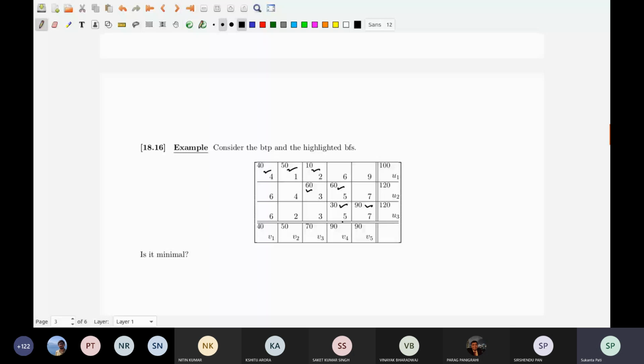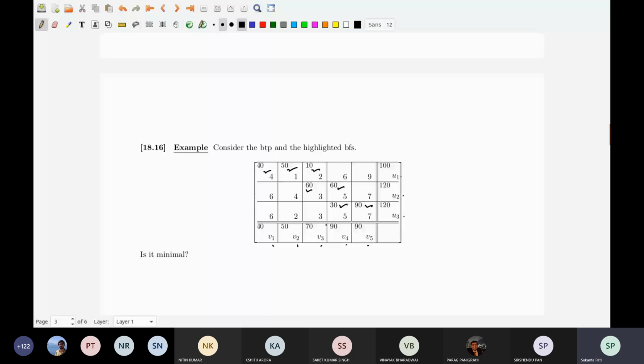Strike off procedure. Yeah. So you write U1, U2, U3 here, and V1, V2, V3, V4, V5. I have a 3 by 5 transportation, and you put V5 equal to 0, because that was corresponding to my last column.